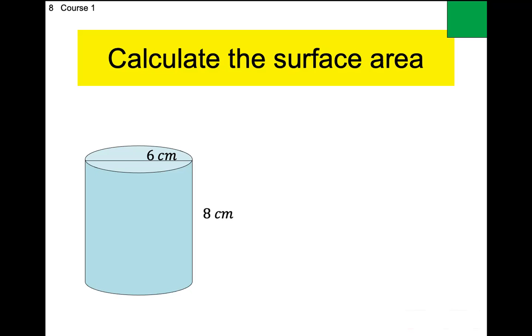Want to know the hardest part of this? Because like I said, on the test, it's going to ask you volume and surface area. If you don't know the difference between volume and surface area and you're not paying attention, you might calculate volume when they're asking you to calculate surface area. Remember, the formula for volume is, what's the formula for volume, Caitlin?